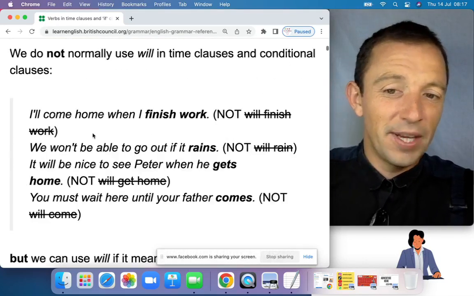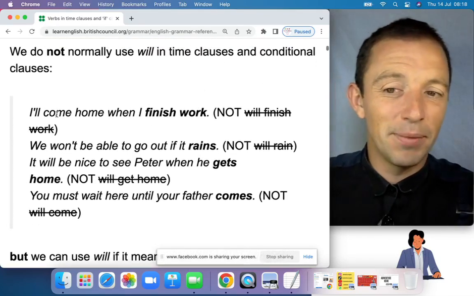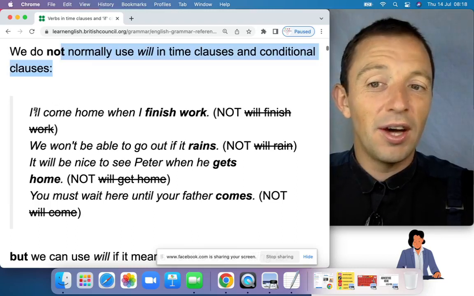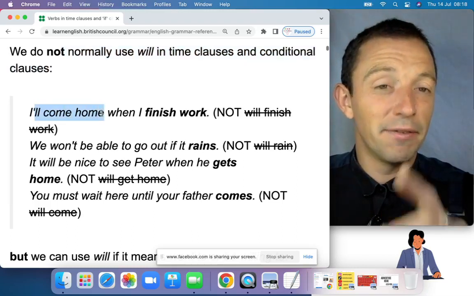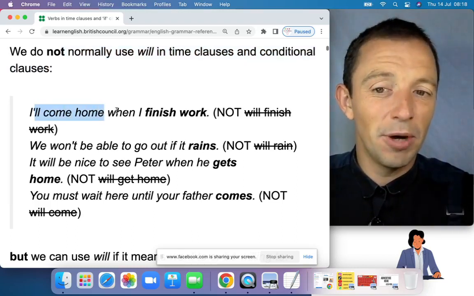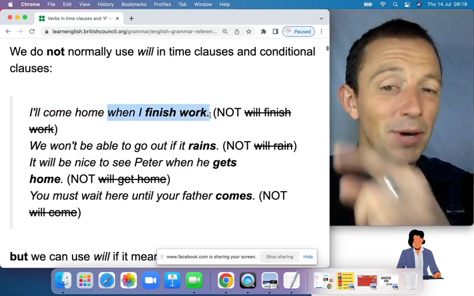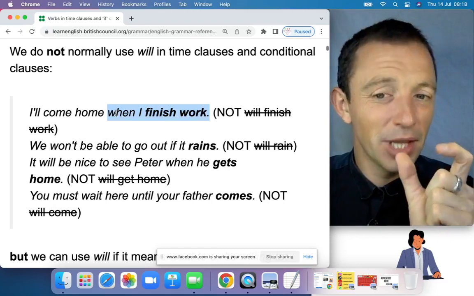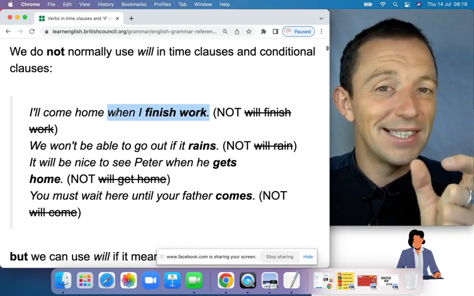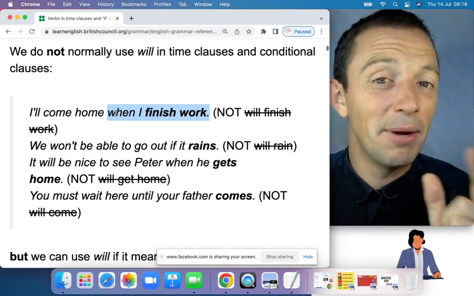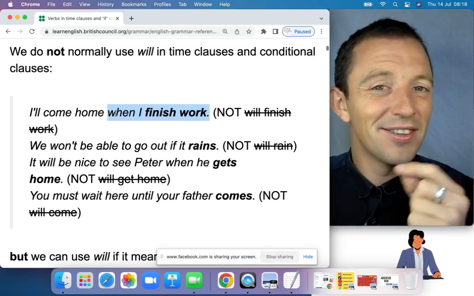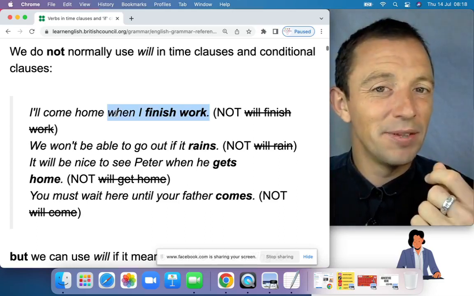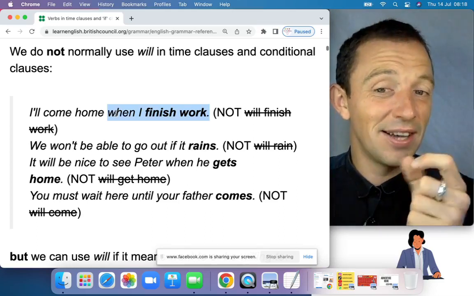So here are the examples. I will come home. This is the first clause in the future. I will come home. The time clause, when I finish work. Because it's the time clause, we use the present simple to speak about the future. So it's not normal, it's not typical to use will in this time clause.